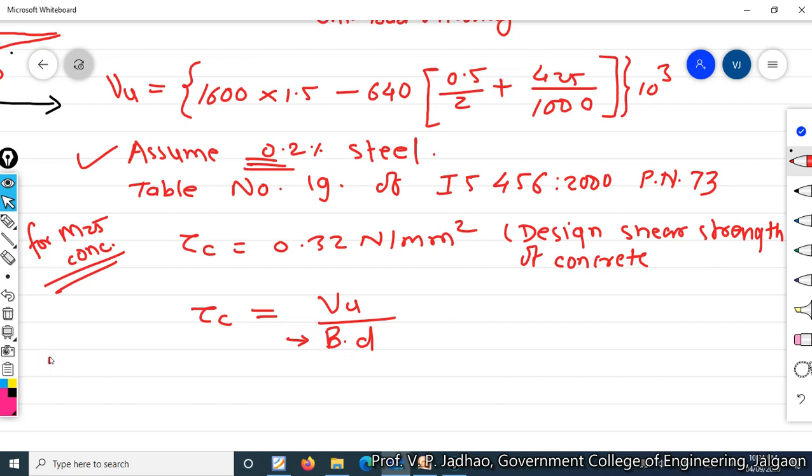If we have one footing like this, and your column is here, I am drawing only half portion of your footing, half portion will be on this side. If we are considering the shear critical section at a distance small d, then the area on which this shear force will be acting will be this area.